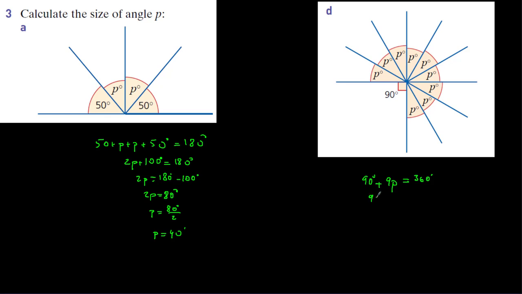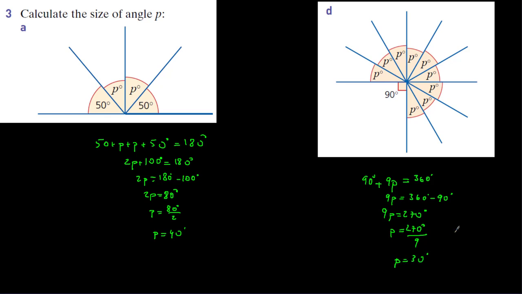So 9p is equal to 360 minus 90. 9p is equal to 270. P is equal to 270 degrees divided by 9, which is P is equal to 30.